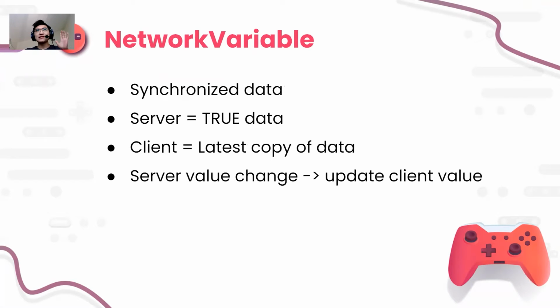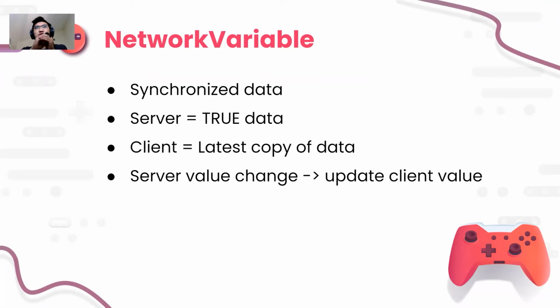So it's different from a regular variable in that if you just had a regular variable like a bool on the server and you changed that bool from true to false, the clients by default wouldn't even know that you changed that variable on the server, because we haven't set up the connection between the client and the server.